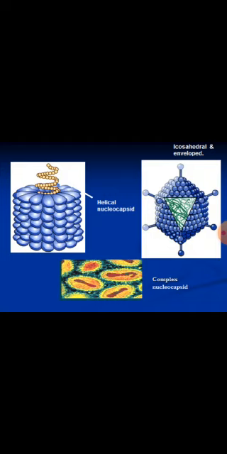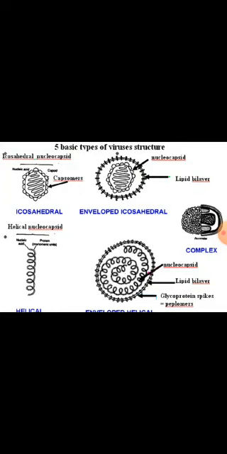The second type is helical symmetry, where the virus resembles a ribbon. The third type is complex symmetry, where the virus has a complicated structure. We have crystal-like structure, icosahedral, ribbon-like structure, and complex structure.